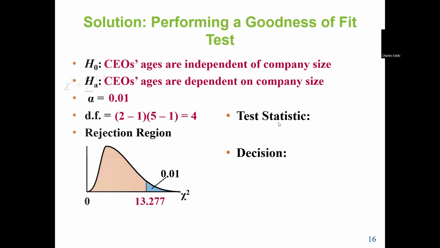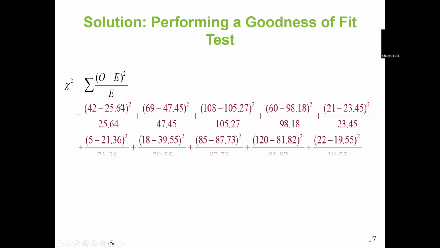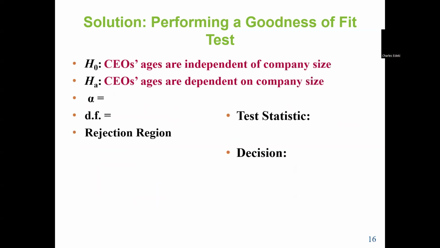Now we need to find the test statistic. Again, the critical value we find from the chi-square critical value table. So now we are going to find the chi-square value, the test statistic. We have different categories, so we start with the first. Let's go to the table, what we had.